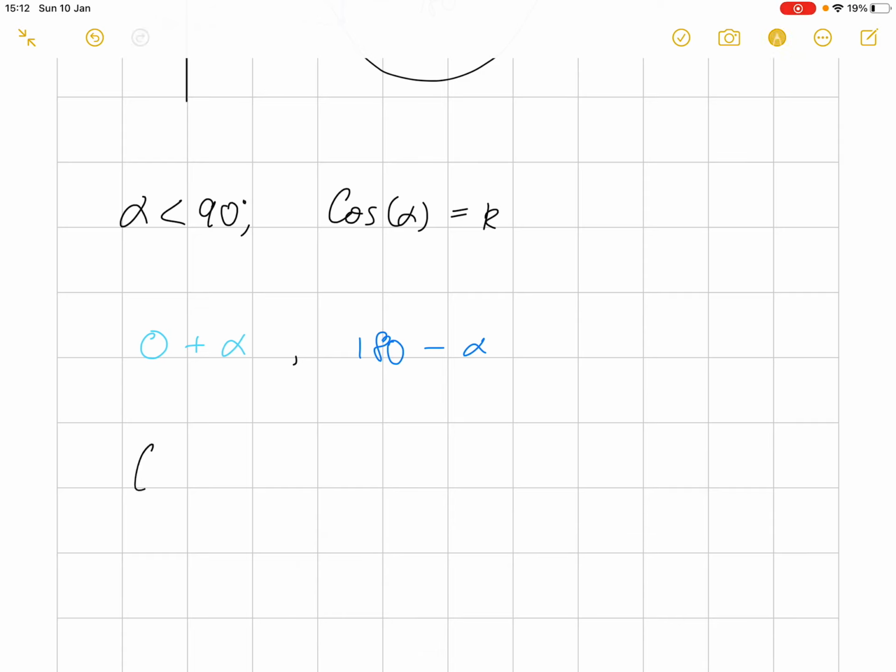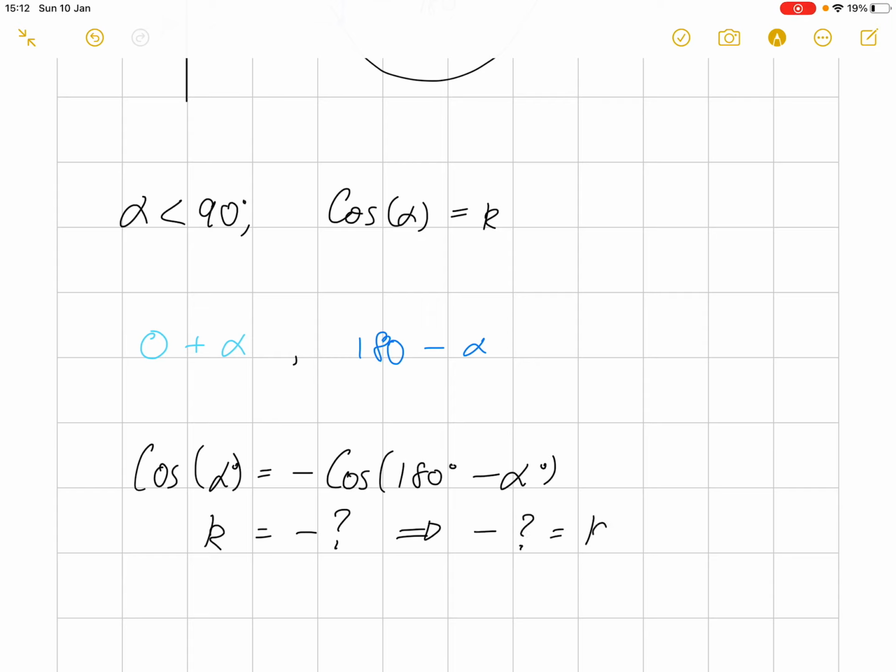We have that cos of alpha is equal to minus cos of 180 degrees minus alpha degrees. So k is equal to minus something, which tells us then that this minus something must be equal to k.